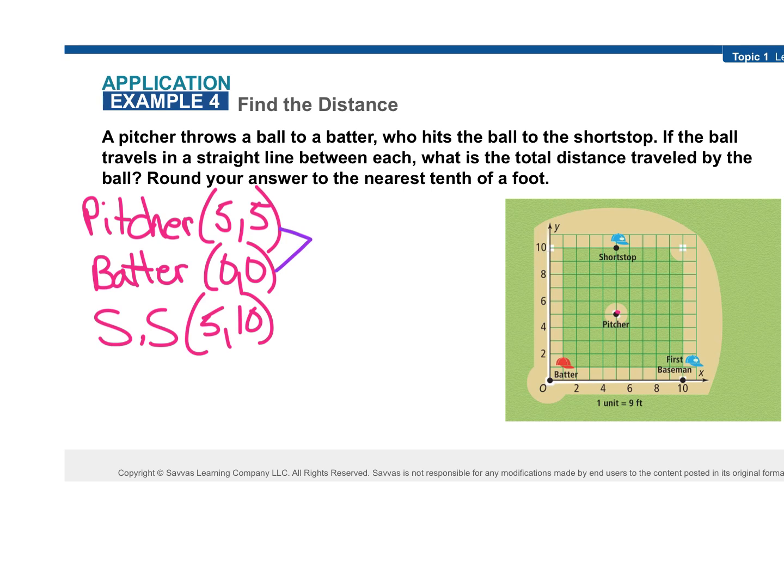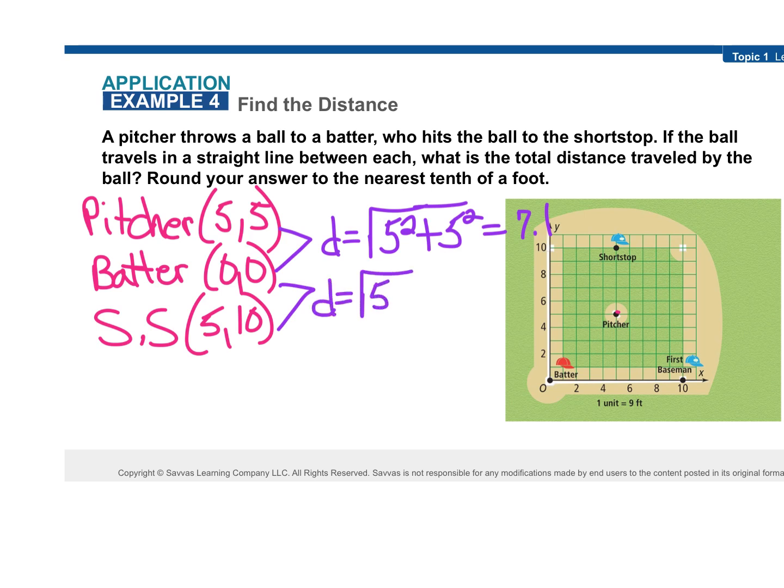So the distance between these two guys, my distance between the x's squared plus my distance between the y's squared, is going to give me 50, which is 7.1. And then the distance between the batter and the shortstop is 5 squared plus 10 squared, which is about 11.2. So I have a total distance of 18.3.